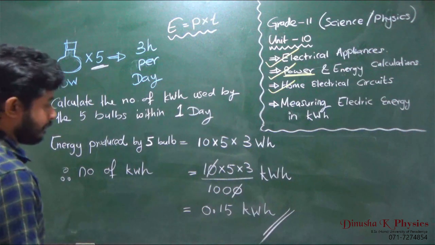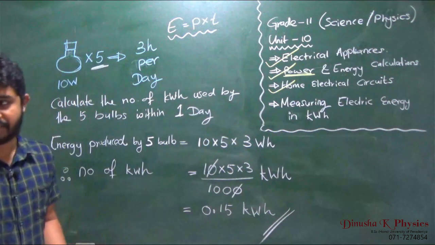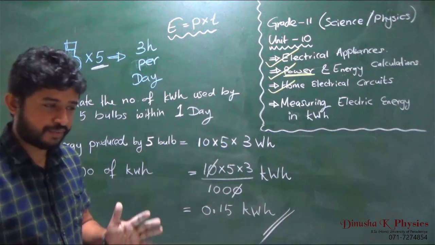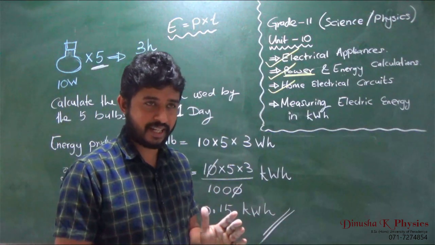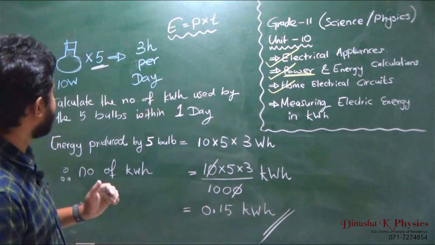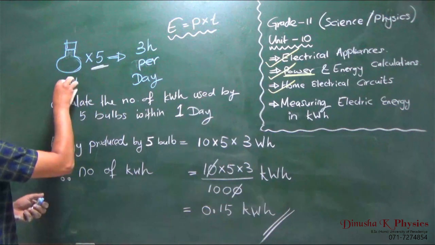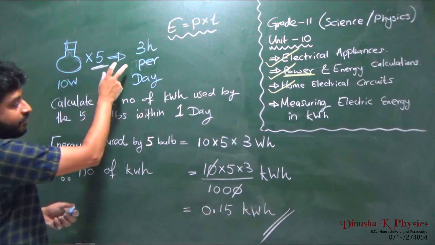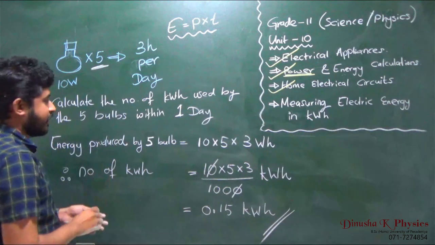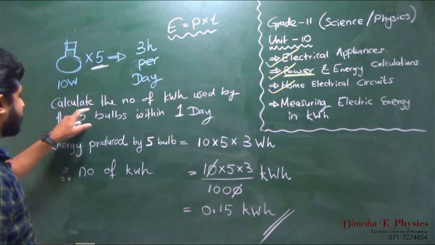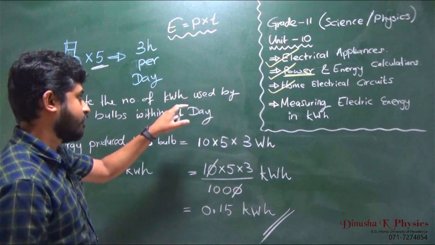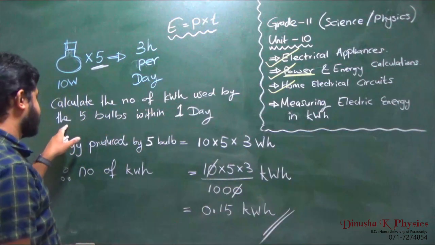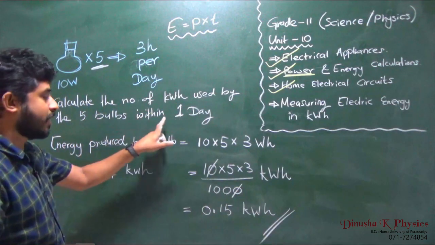So I hope you understood this calculation. I will explain it again if you couldn't understand. There are 5 10-watt bulbs and they are working 3 hours per day, and I am asking you to calculate the number of kilowatt hours used by the 5 bulbs within one day.